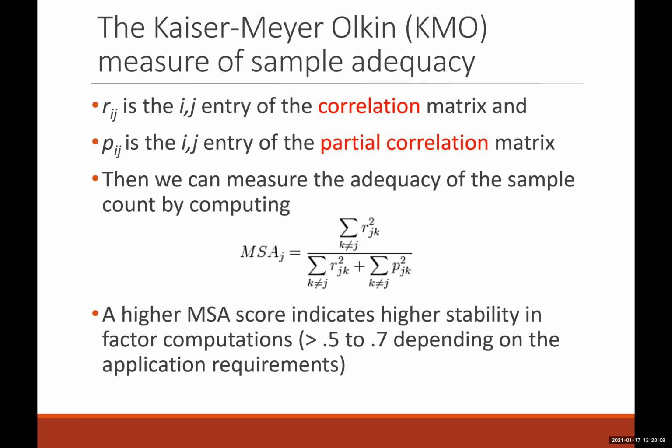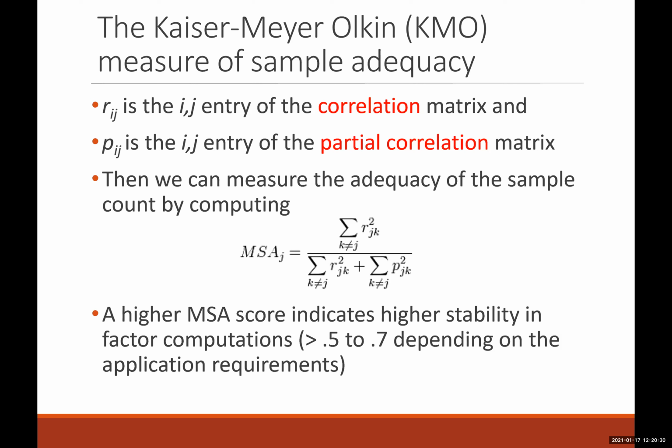So if I add these variables onto each other, I'm going to get partial correlations. And then all the variables together would give me the total correlation. So the MSA score is very similar to a correlation or an intercorrelation. And yet again, we're looking at sampling adequacies of greater than 0.5 to 0.7.